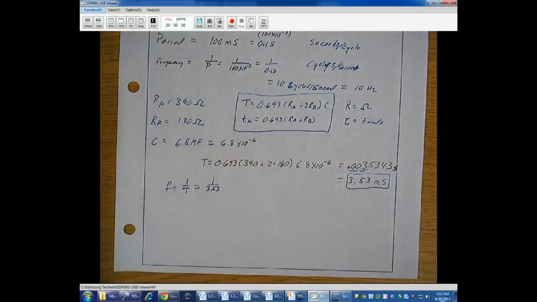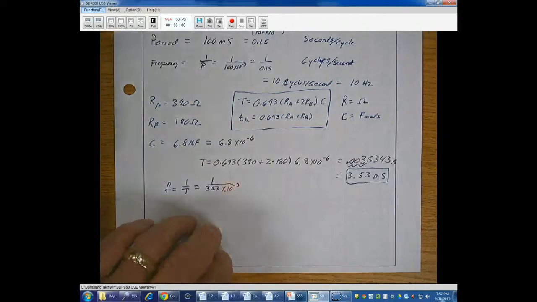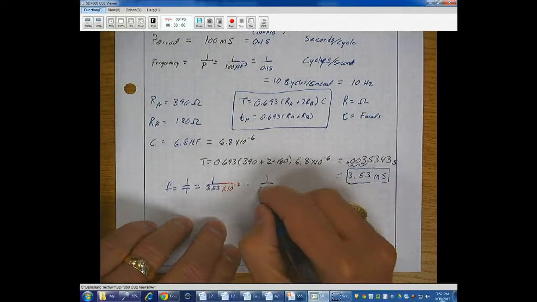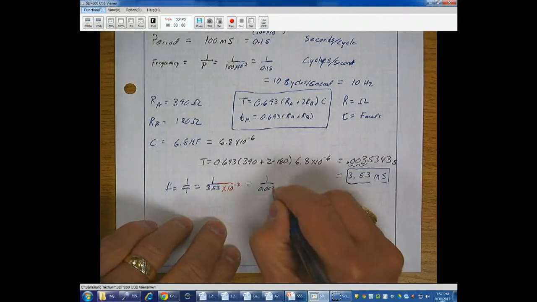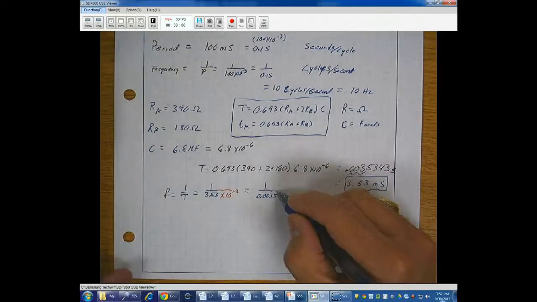I need to make sure that I include the appropriate exponent. So what needs to be a part of that is times 10 to the negative third, since we went 3 places. Or I could do 1 over 0.00353, however I wanted to do that.